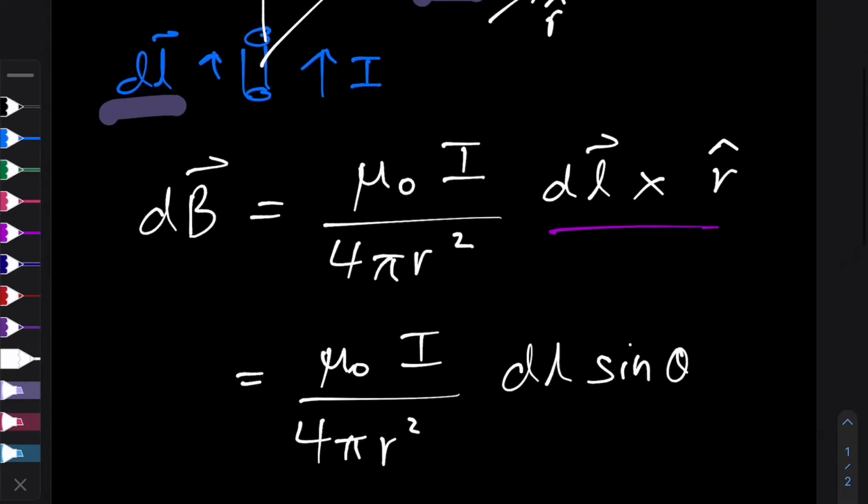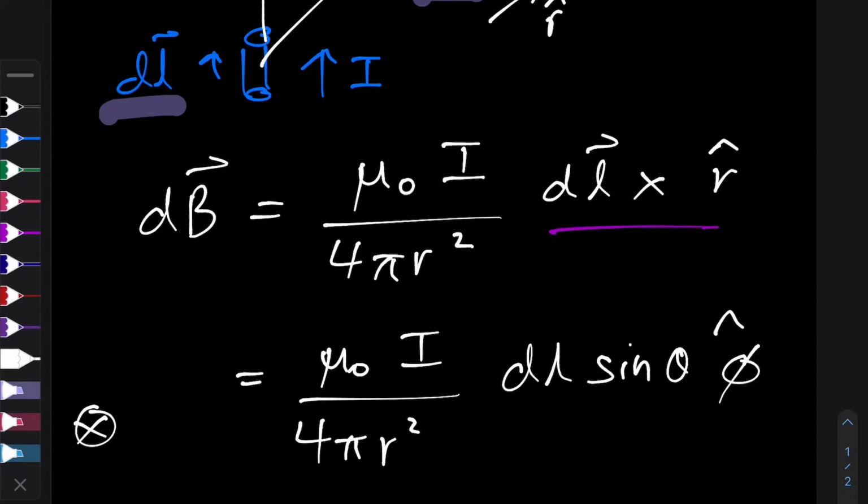And so that's the magnitude of the cross product, but the cross product outputs a vector, and the direction of this vector will actually be phi hat, because it will be directed straight into the page. So in arrow notation, that's how you denote something into the page, and that's the same direction as the angular coordinate phi.